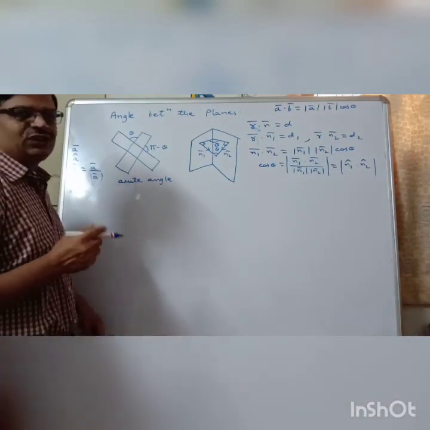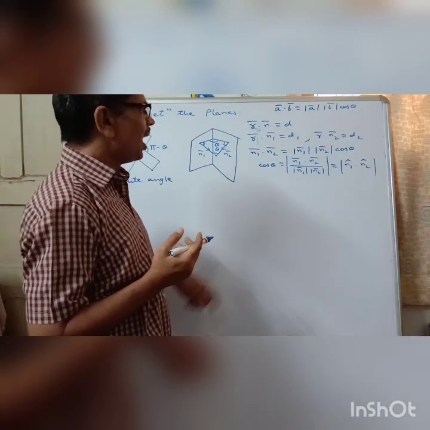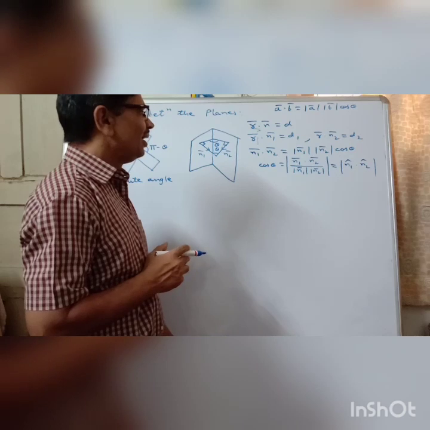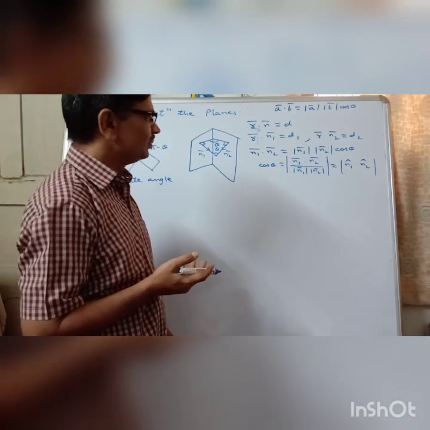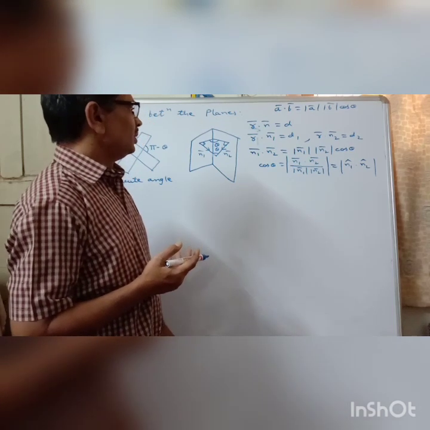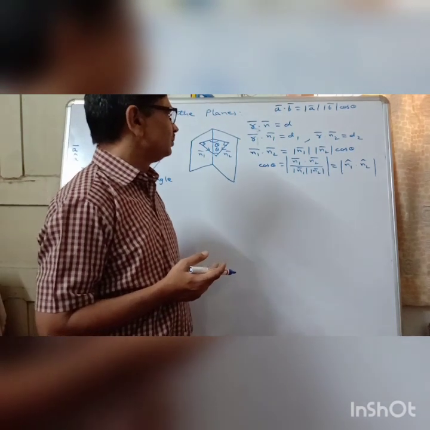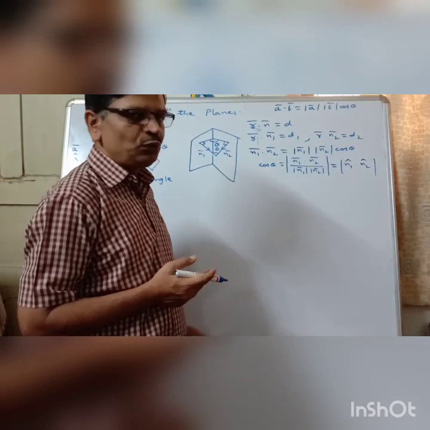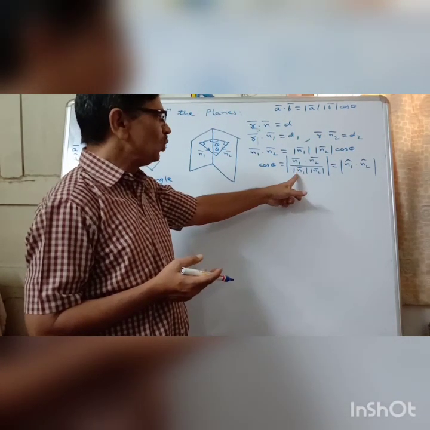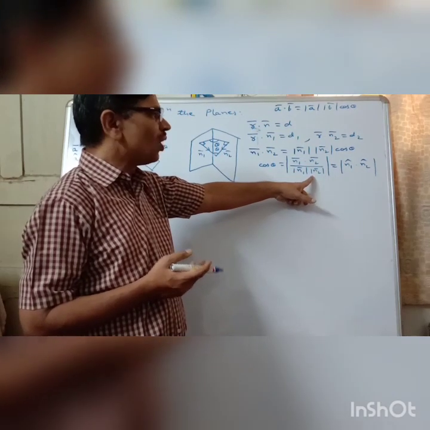If equations of two planes are in vector form and we have to find the angle between them, then we can use this formula. We have to find the dot product of two vectors, which is a scalar quantity. Similarly, we have to find the magnitude of each vector.